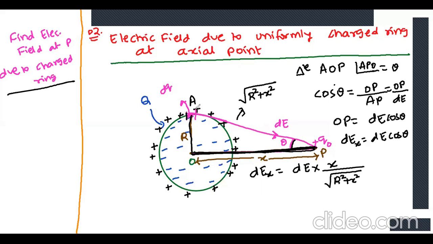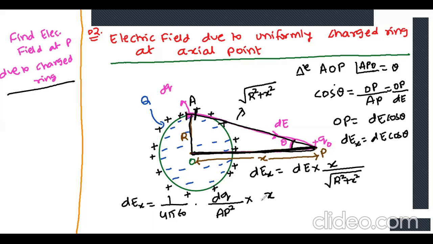Now dE means the infinitesimally small electric field due to this small element. Since it is a point charge, dE equals 1 by 4 pi epsilon naught dq by the separation distance, that is AP square.